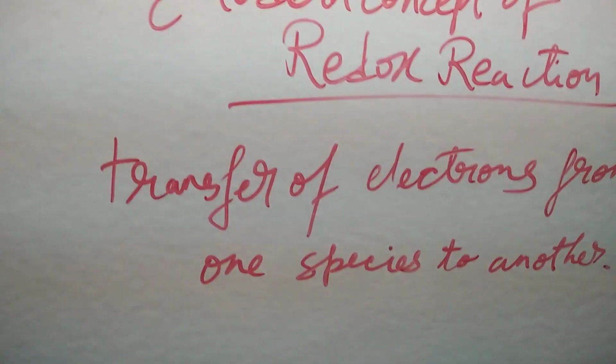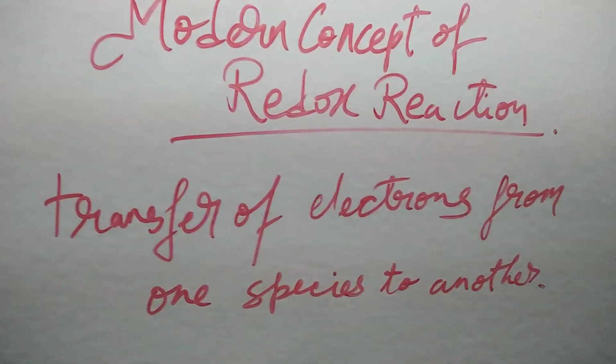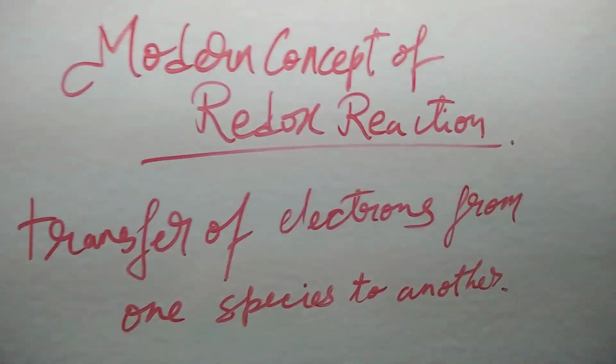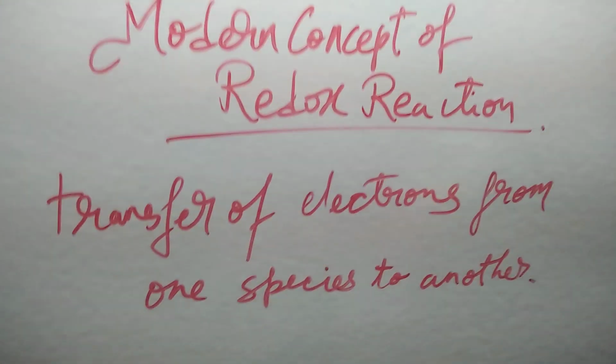Okay, means the reactant side and the product side, the electrons of any species will vary.